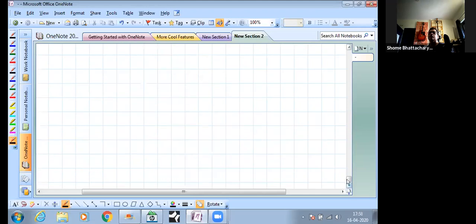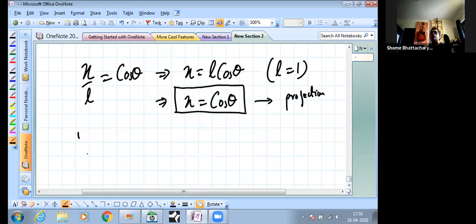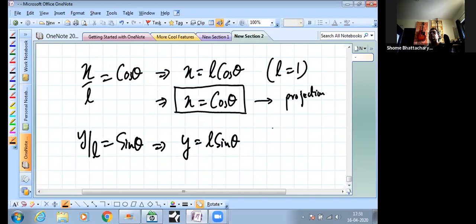Similarly, in that triangle, when you observe further, you will see that y is the perpendicular. So y by L is nothing but sine theta. So y becomes L sine theta. And since it's a standard rod, L is unity. So in other words, the projection on the y-axis is nothing but sine theta. So this is like a universal definition of sine theta and cos theta now.